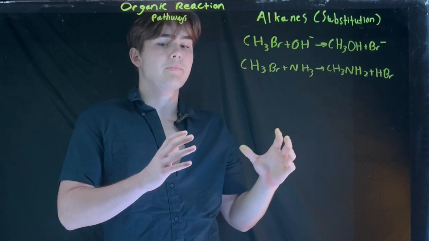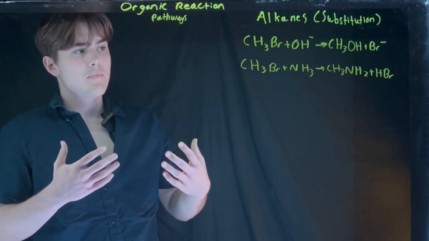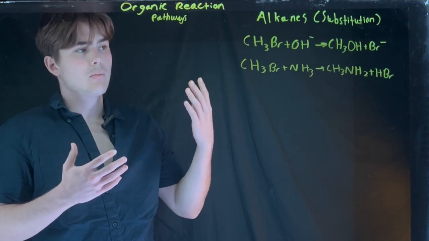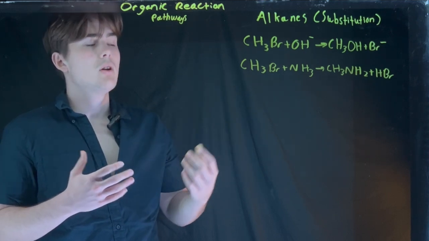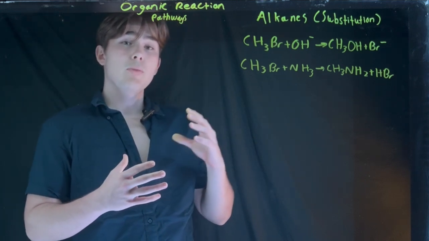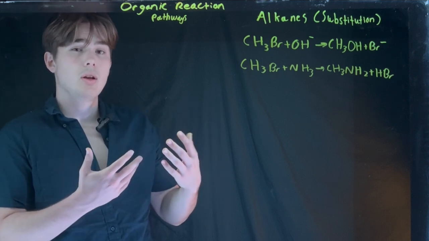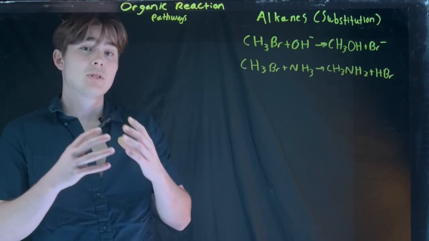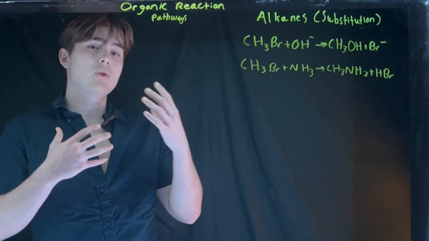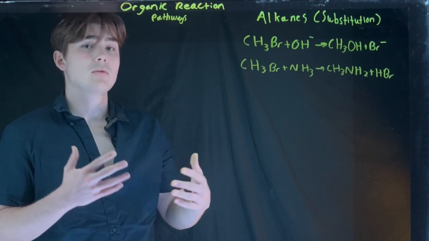In this case, it's a haloalkane, bromomethane, reacting with sodium hydroxide. But because the sodium is typically not involved in the reaction, it's more of a spectator ion, so it doesn't participate in the reaction. We're just going to focus on this hydroxide here, because it's a reactive species.